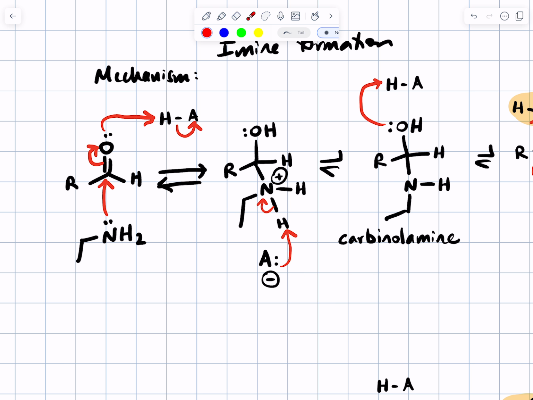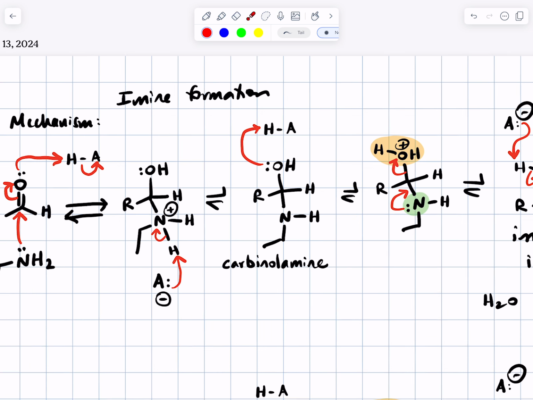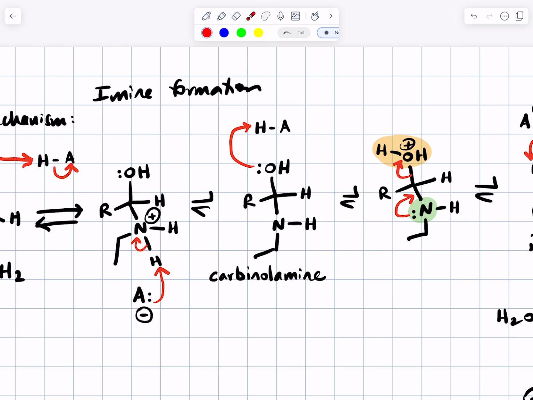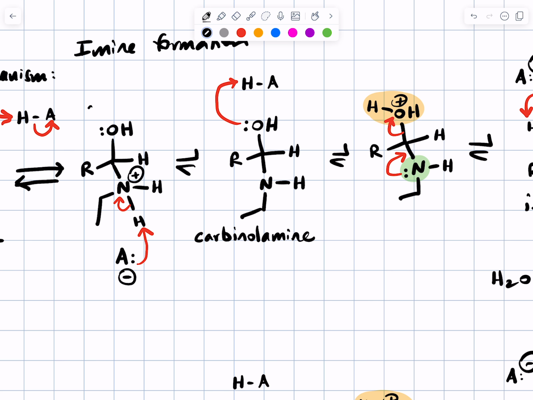The positively charged nitrogen is called an ammonium ion. The conjugate base of our acid deprotonates the ammonium ion to get us to the neutral carbinolamine, whereupon the acid protonates the oxygen, what used to be the carbonyl oxygen, to convert it into this oxonium ion. So maybe some of these words would be useful if I wrote them down.